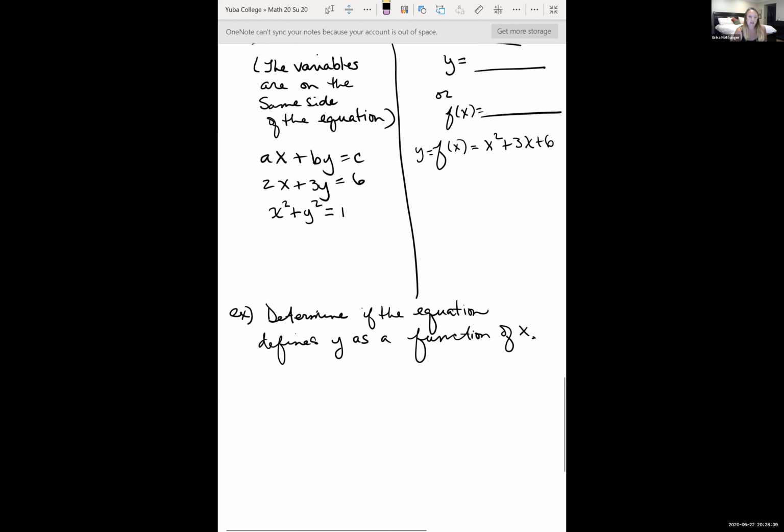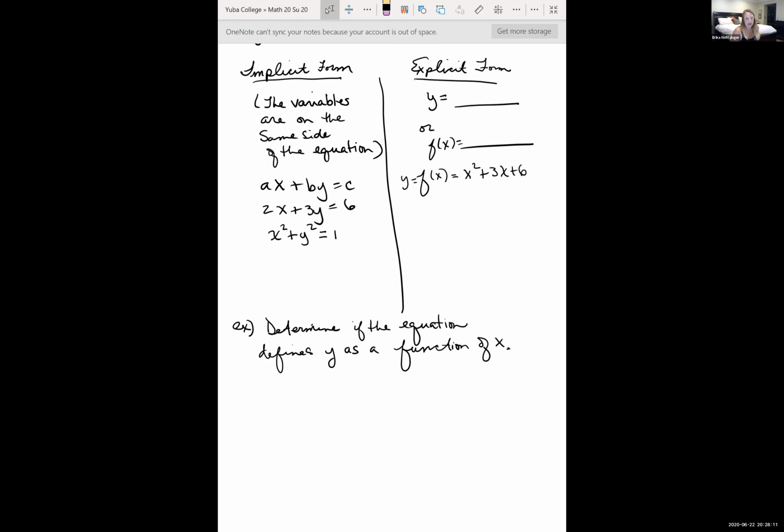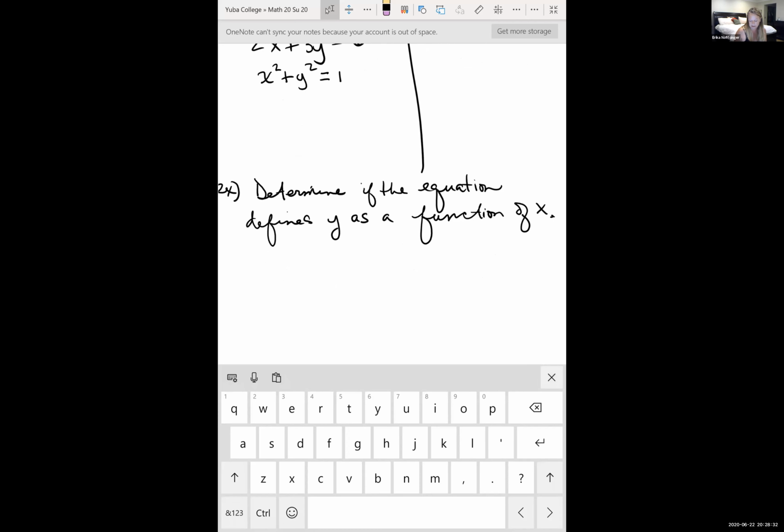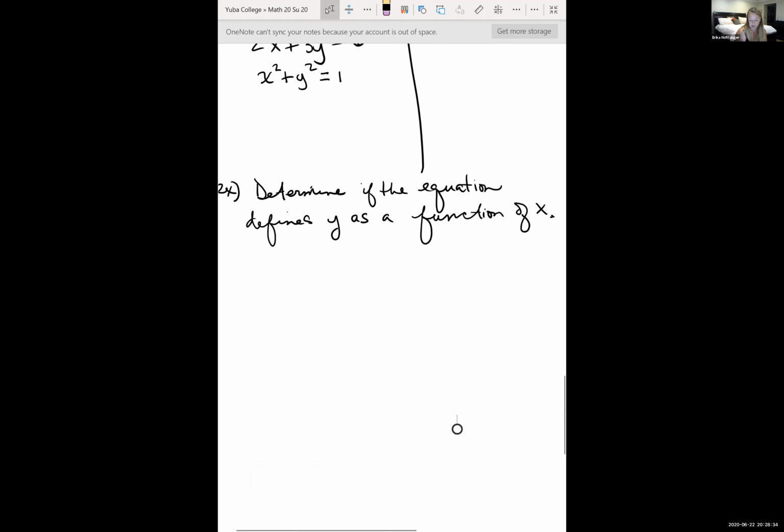If you're looking at an equation, it's actually better if we can rewrite it, and if it's not given to us in that form, rewrite that equation in explicit form. So when it asks you to determine if an equation is a function or not, and it's not written in explicit form, you want to put it in explicit form, and that's easier to tell a lot of times if that is a function or not.